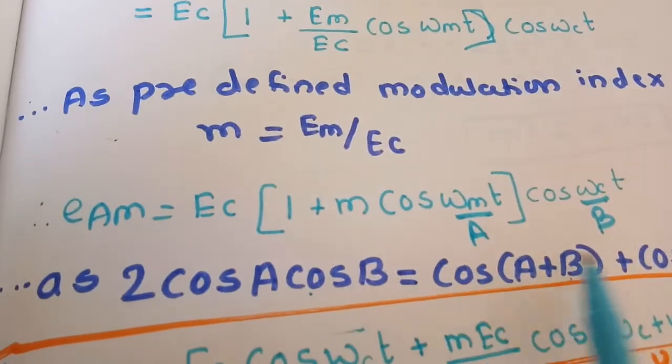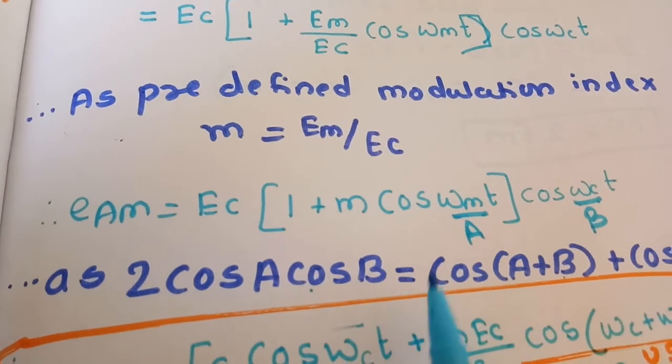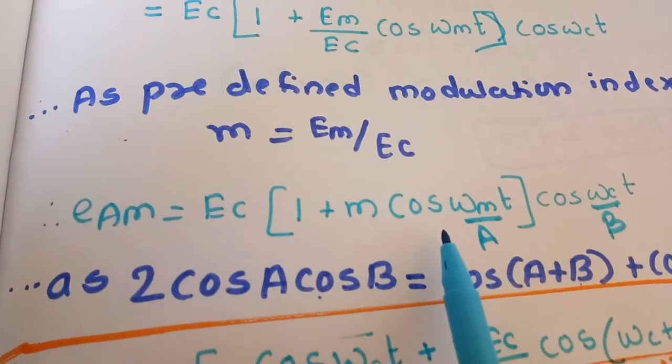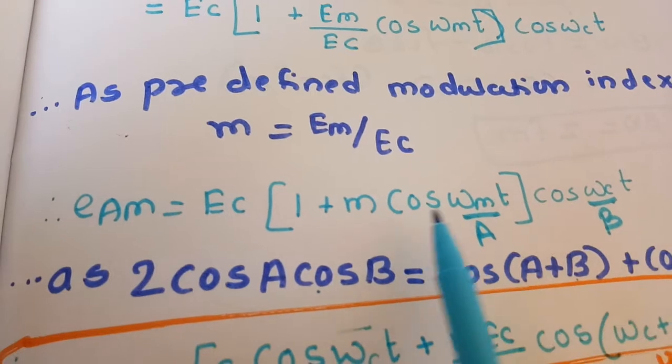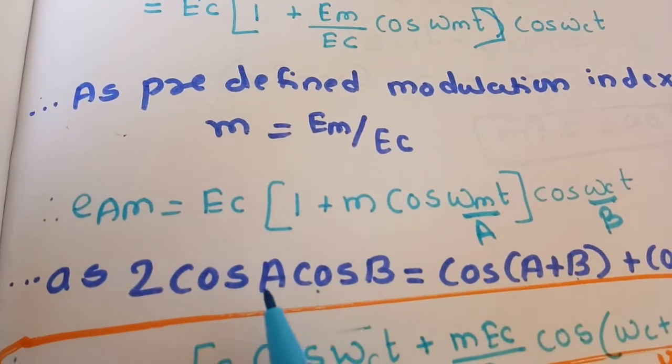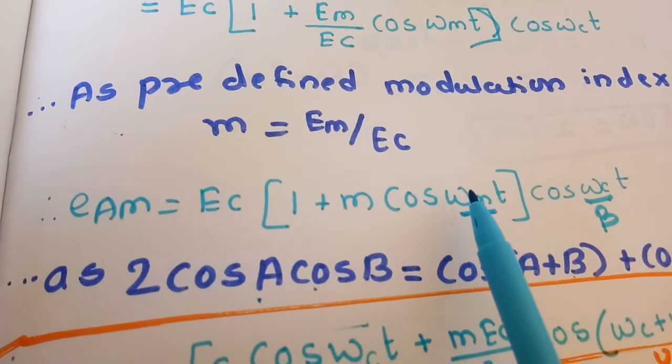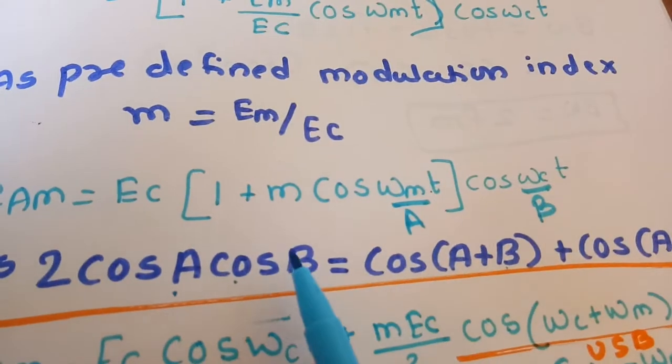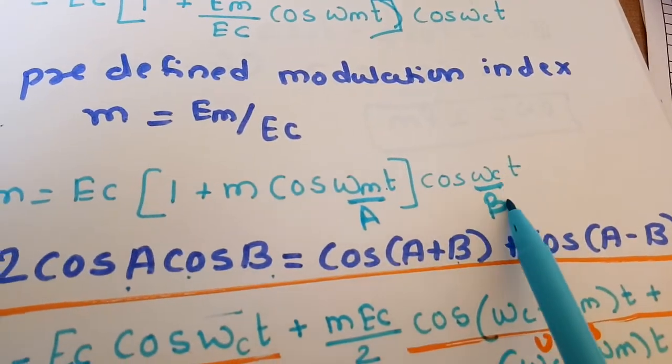We use this to simplify our amplitude modulated equation, where A is omega mt and B is omega ct.